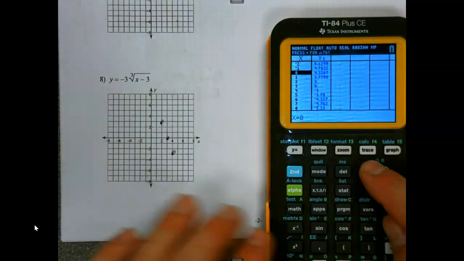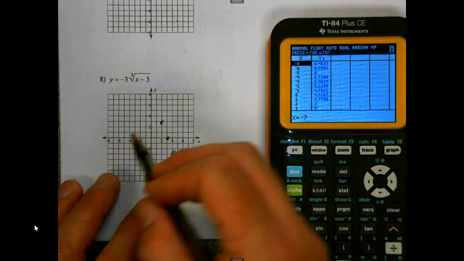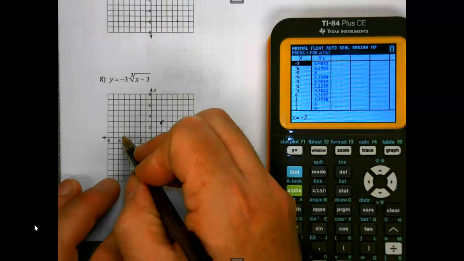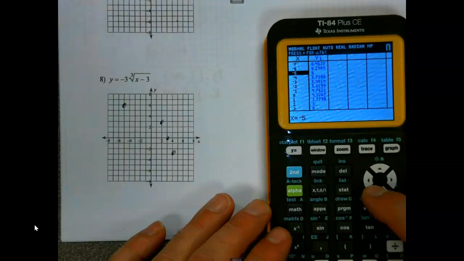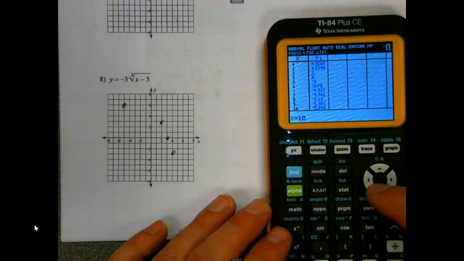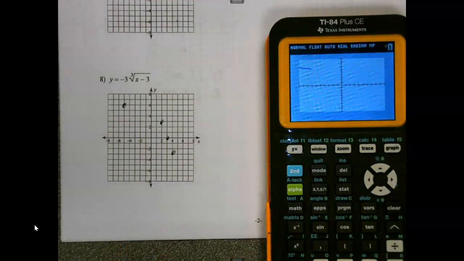I'm going to see, do I have any other that are going to fit? Oh, I do. -5. Yep, there we go. Do I have any if I go the other way? Ugh, that doesn't really fit though. So remember, these look like the snakes that are kind of slithering across your screen.